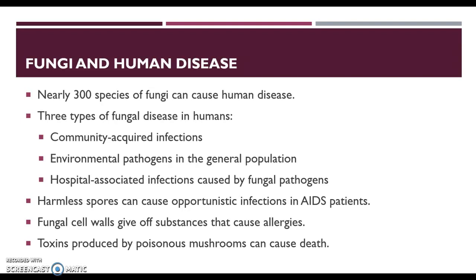And then the third is hospital-associated infections that can be caused by fungal pathogens. Also, if you are immune compromised, especially those who have HIV and AIDS, many harmless fungal spores can also create opportunistic infections in those patients.